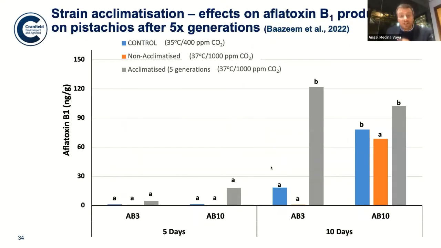However, the picture changes a lot when we looked at the aflatoxin production. Their growth was exactly the same or very similar. However, if you look here, the control is the blue, the non-acclimatized is the orange, and the acclimatized for 5 generations is the gray. And surely you can quickly see that there is a lot of gray in this graph.